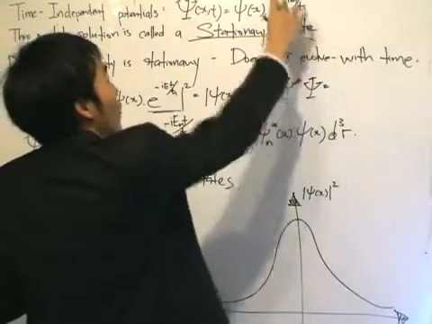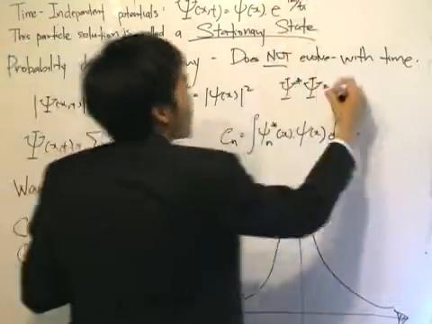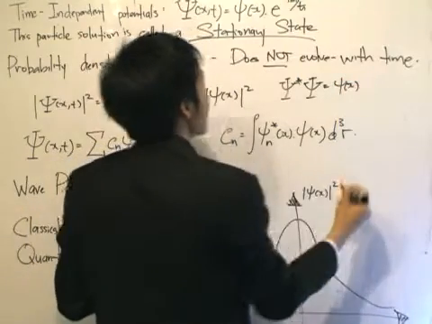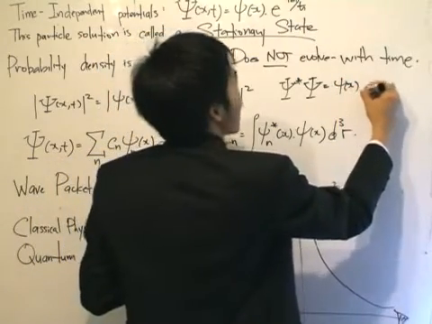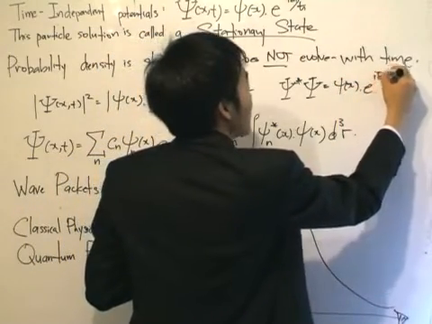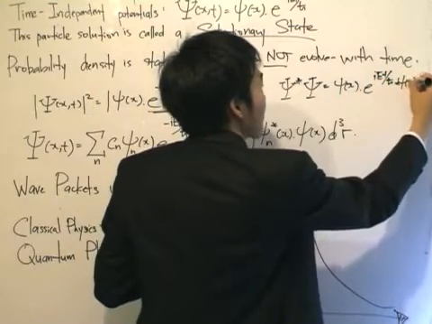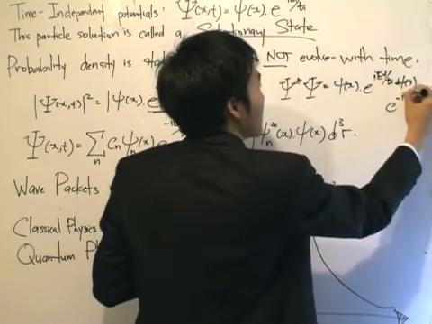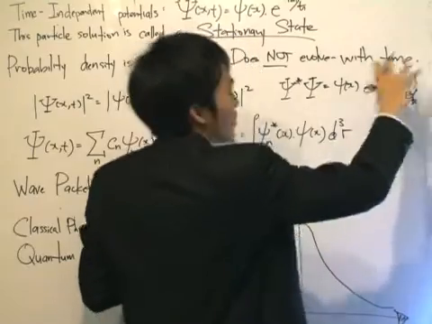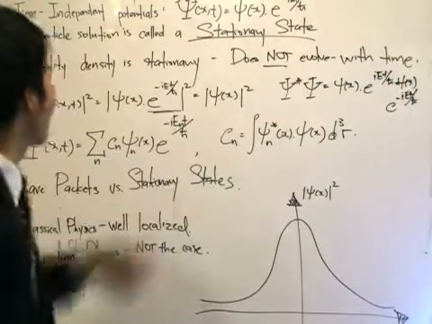If we take psi star, we get the conjugate, multiply by e to the iEt over h bar, and by phi of x times e to the minus iEt over h bar. These two phase factors multiply to 1, and we get the same thing over here.